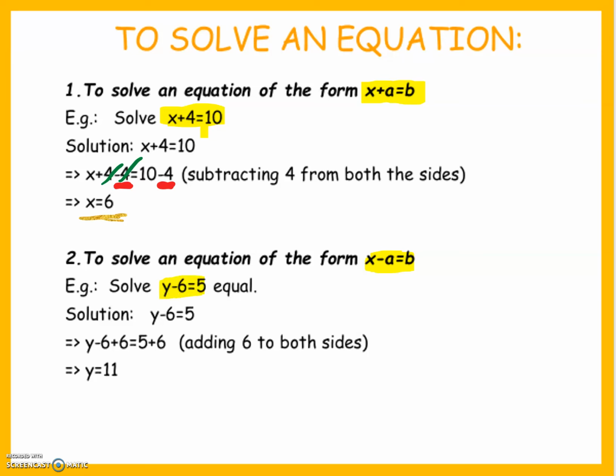So, what can I do? I need to somehow erase 6 from the left side. I add 6 to both sides, and since minus 6 plus 6 is 0, I will have y equal to 5 plus 6. So y is equal to 11. And that's it.